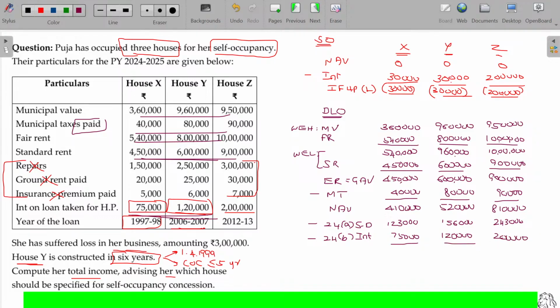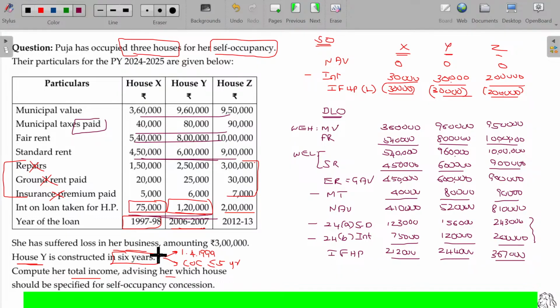Now your income from house property, if it is deemed to be let out, you have to subtract these two from the NAV: 2,12,000, 2,44,000, and 3,67,000. Okay.